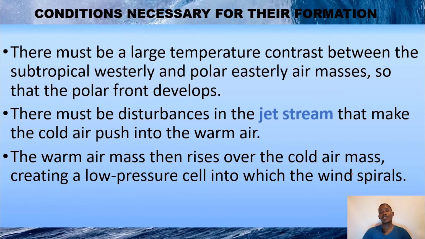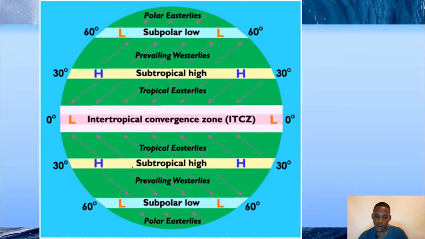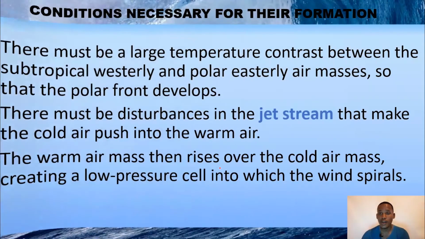Now, what are the conditions necessary for the formation of this cyclone? The first one, there must be large temperature differences between the westerlies and the easterlies, which means these westerlies coming in this direction must be extremely hot, very hot, and these polar easterlies must be very cold as well.